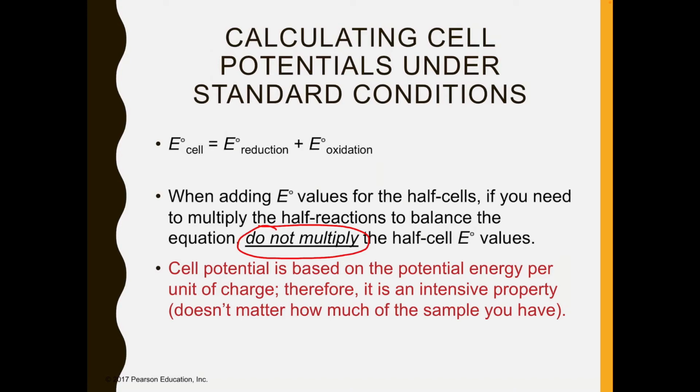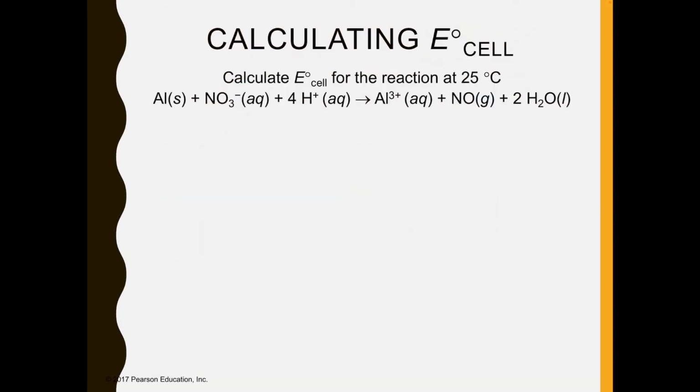You're never going to multiply them by a number, okay? This is because the cell potential is based on the potential energy per unit of charge, and so we say it's an intensive property, which means it doesn't matter how much of the sample you have. So it doesn't matter if you have times 2, times 3, times whatever, right? It's always going to have that same value.